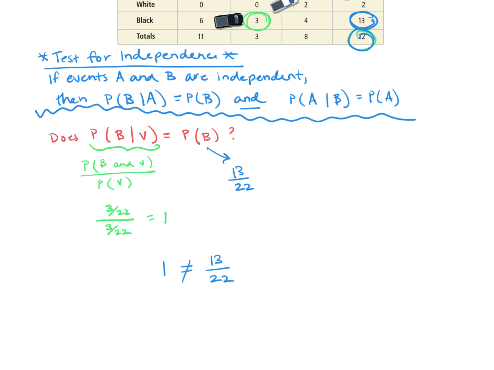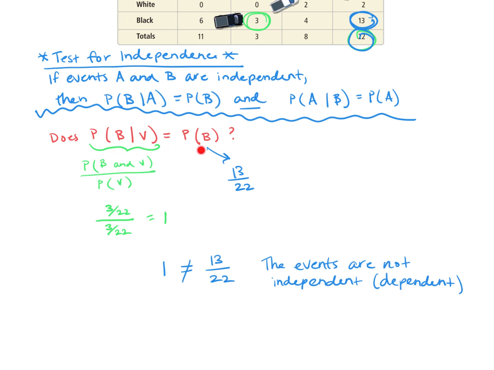So what that means is that the events are not independent. Which means they are dependent.